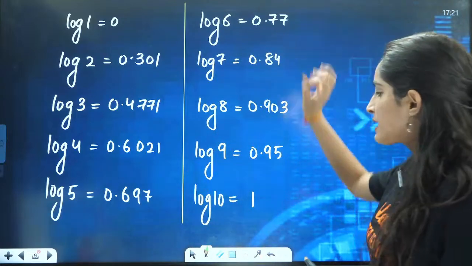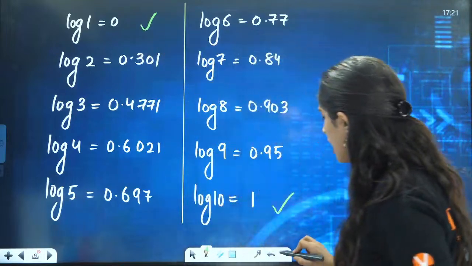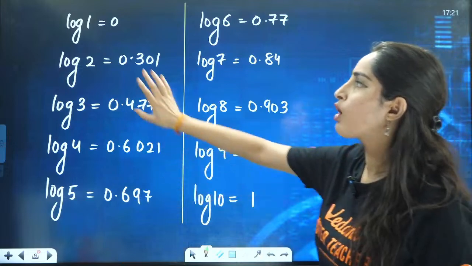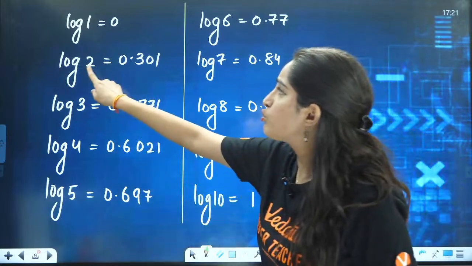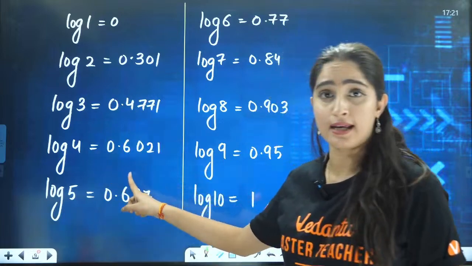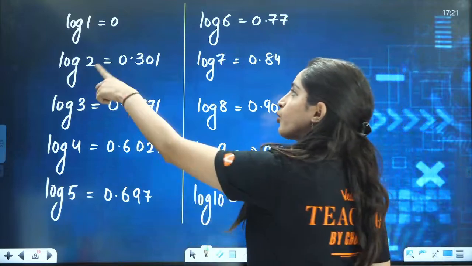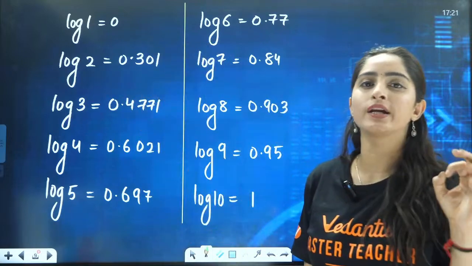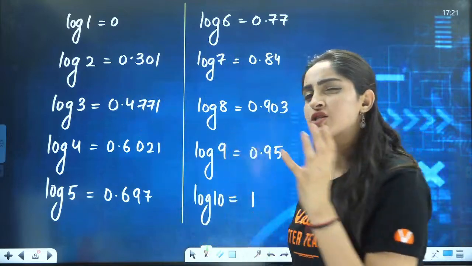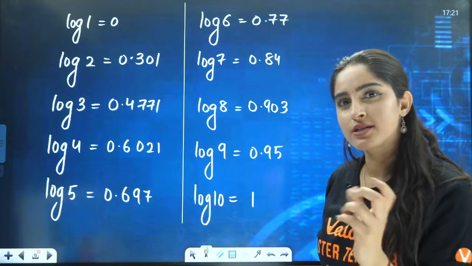Okay, now next thing is, these two values are already sorted. Now next one is log 2, 3, 3, 4, 4, 6. 5 is skipped here, right? Understood? You can just remember 0.301, 0.47, something like that.